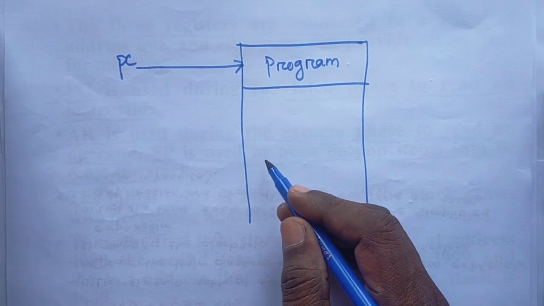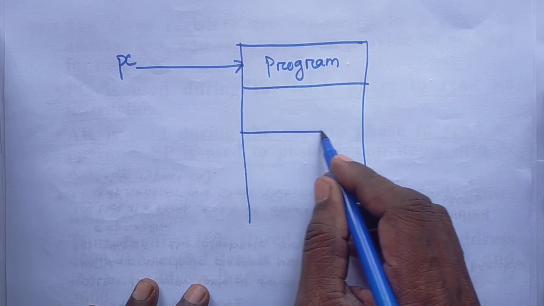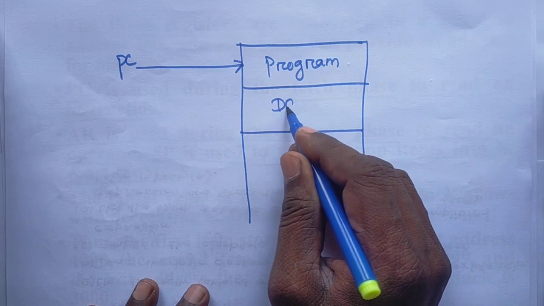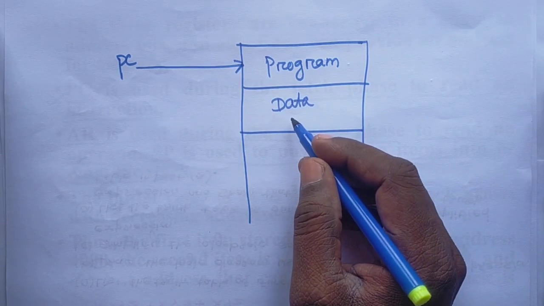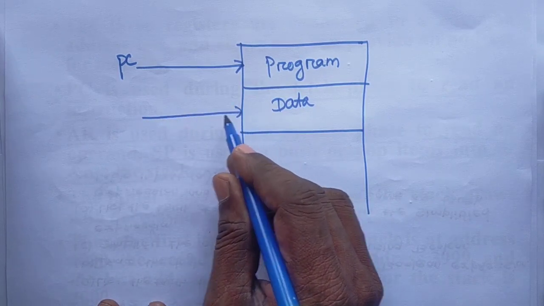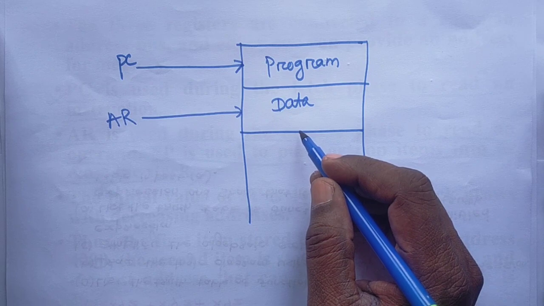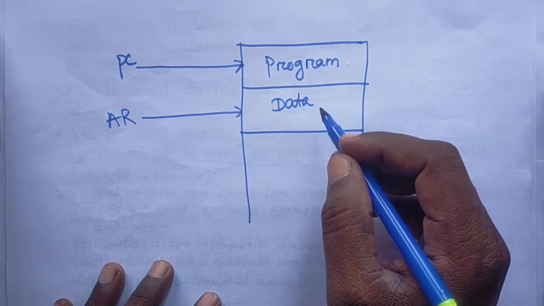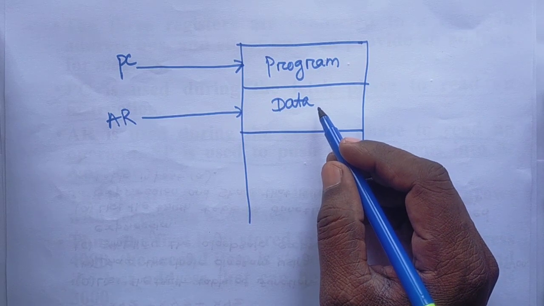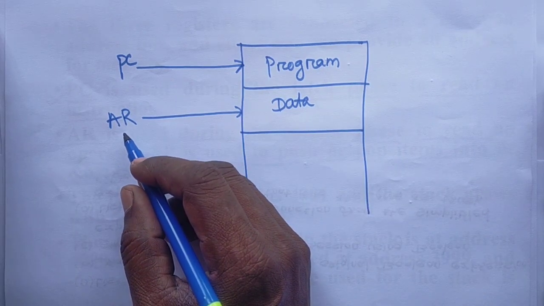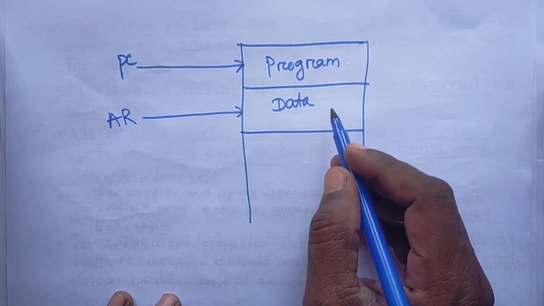Next part is data. Data is kept by the data register, identified by the data register. Different operands are identified by the address register, because each individual operand has an individual address, so the address register keeps individual data.